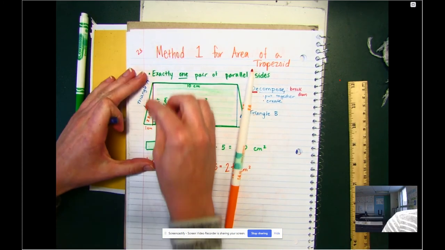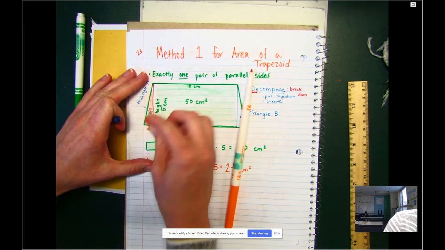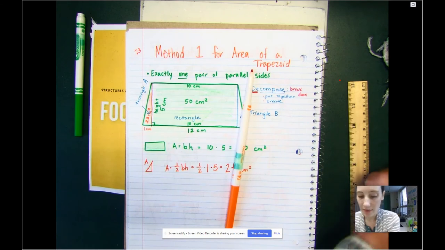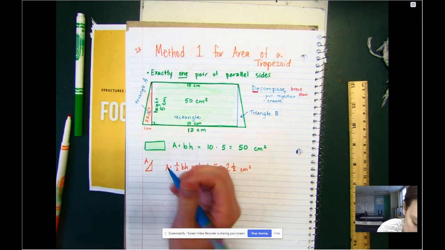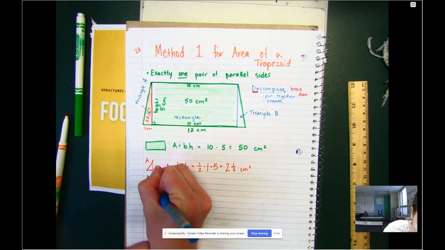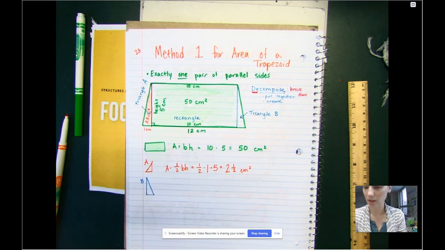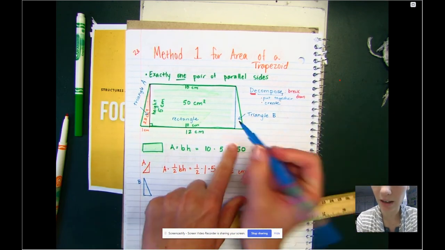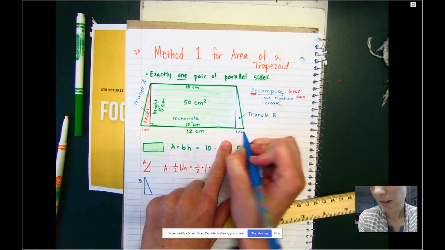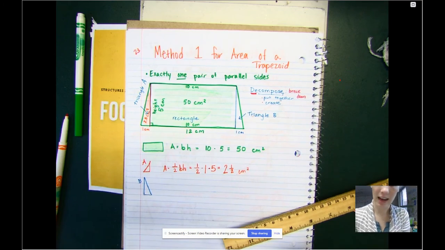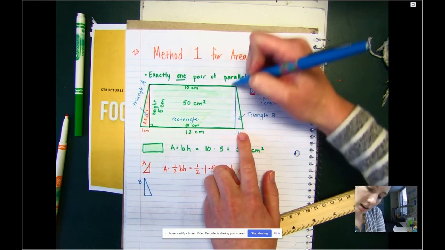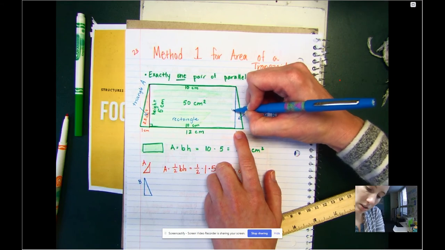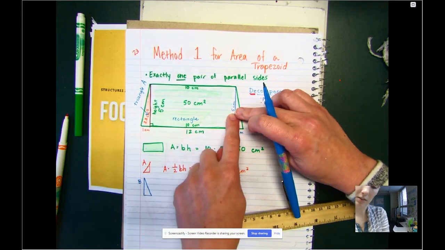Or now I found that area, sorry, not to be confusing. Okay, and then for my last piece, I need to find the area of triangle B, which is on the other side. And it looks like triangle B also has a base of 1 centimeter. It has a height of 5 centimeters, just same as the line over there.